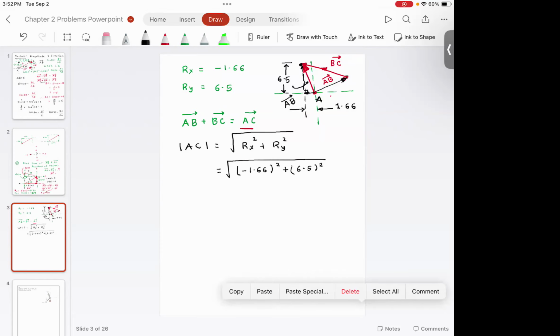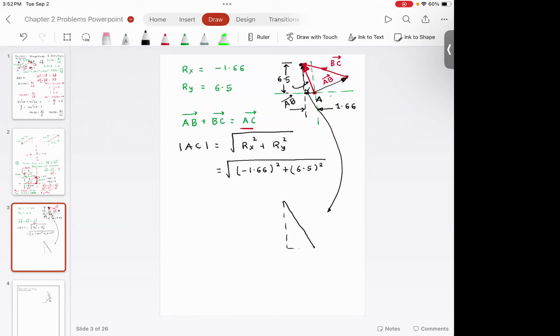And why is it? I'm going to draw a slightly different picture here, so check this out. Because what you have is minus 1.66 and 6.5.